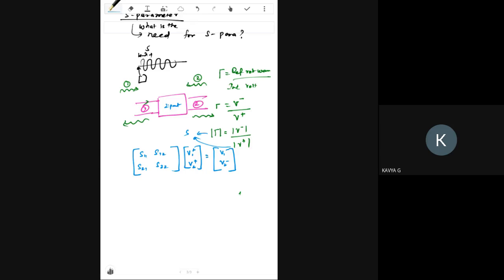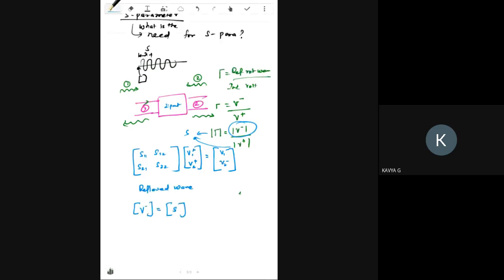So for a two-port device, the reflected wave from any port, I am writing in general as V minus, which is equal to the S parameter matrix, written in the shorter form.